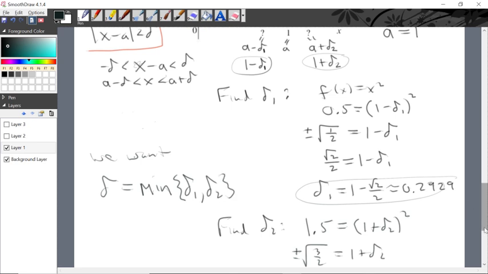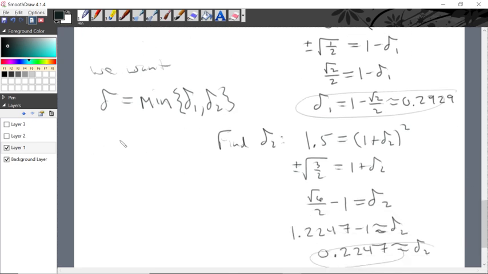We want to choose the smaller of the two distances. And which one is the smaller of the two distances? Between these two, it would be this one, 0.2247. So choose delta equal to 0.2247.